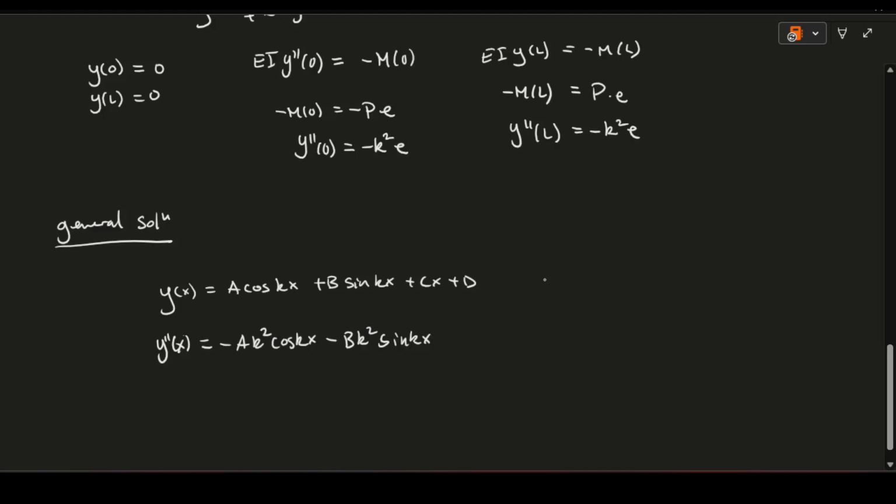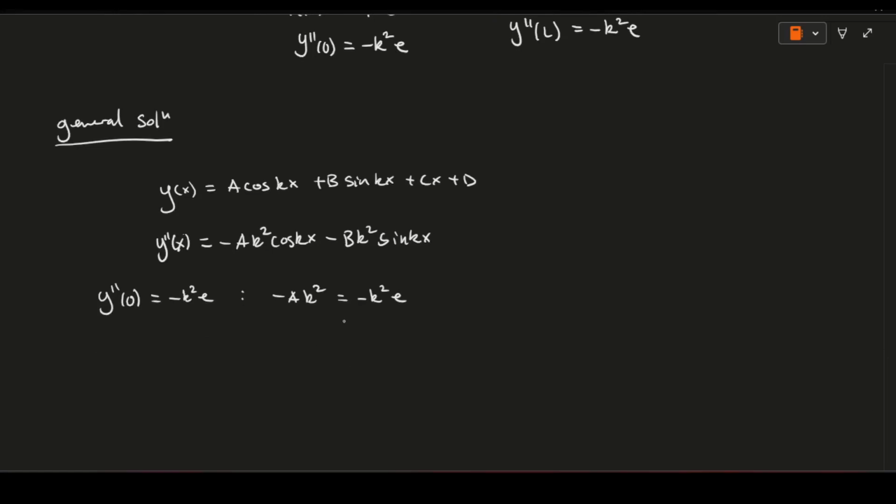C and D go away. So take the moment at 0. This should equal minus k squared E, and we get that minus A k squared is equal to minus k squared E. So k squared goes away, the negative goes away, so A is equal to E.